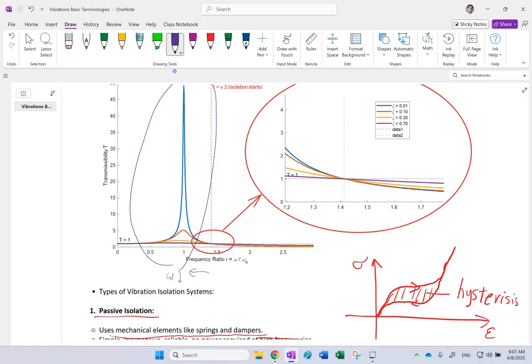So if it's machinery, you have to make sure that the operating frequency is way above the natural frequency, so you don't deal with resonance. But if you're riding a car, the frequency of the bumps on the road is not under your control. You don't have control over the operating frequency.